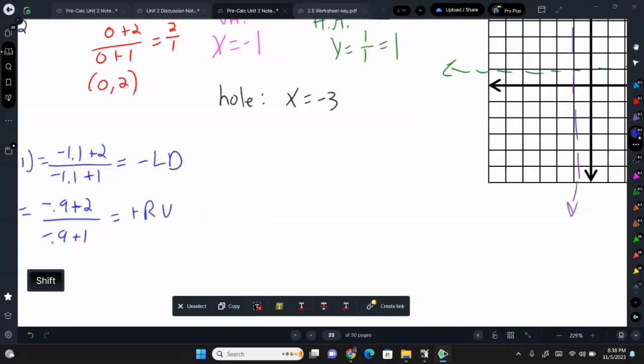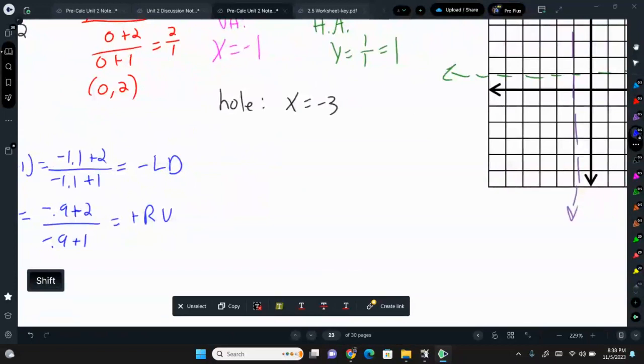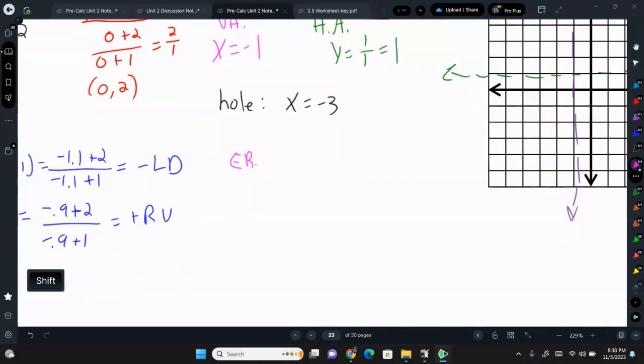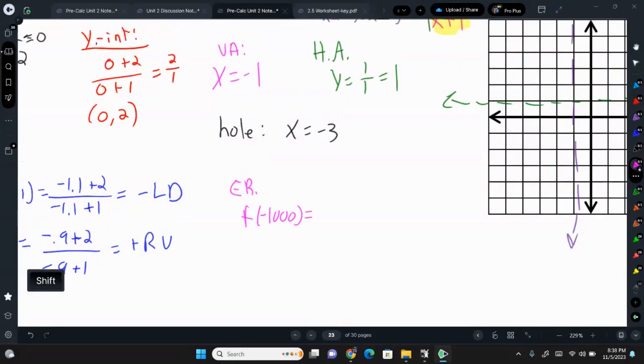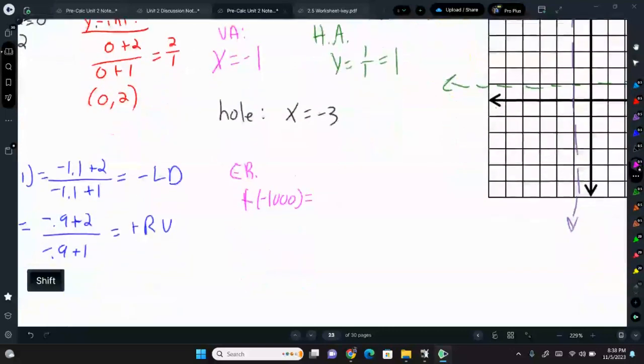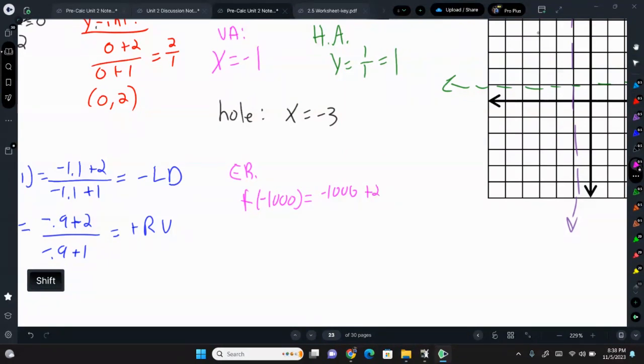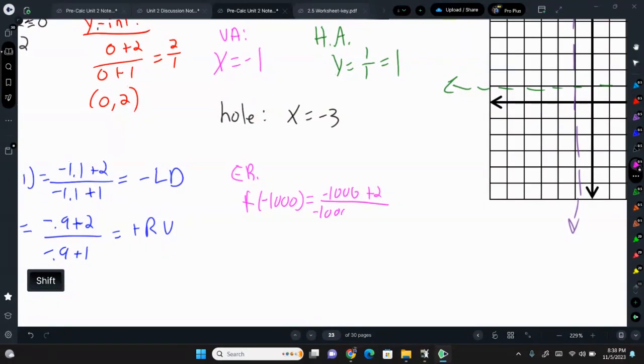Now the end behavior. With our end behavior here, again, we're going to substitute -1,000, and that's again going to go into the simplified function, -1,000 plus 2 over -1,000 plus 1, and we get 0.999, which is less than 1, our asymptote, so it's going to be below.